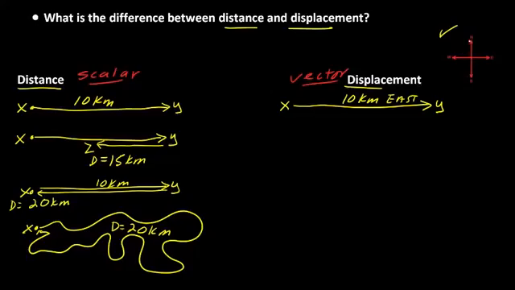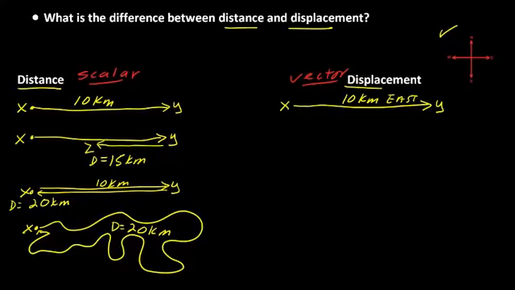It shows you north is towards the top of this page, south is towards the bottom, east is to the right, and west is to the left. So displacement will always include either a stated direction or an assumed direction. If I said somebody has a displacement of 10 kilometers, then you have to assume, even though I didn't tell you what it was, that there's a direction there somewhere.